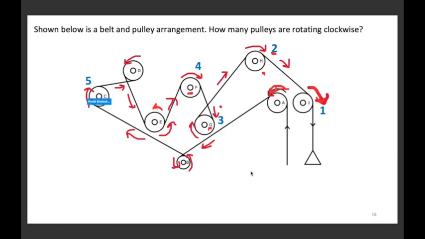Pulley C clockwise, and pulley B anti-clockwise, and then finally pulley A in anti-clockwise direction. That counts a total of 5 pulleys moving in clockwise direction, and 1, 2, 3 and 4 pulleys moving in anti-clockwise direction. Okay, we'll move to the next one.